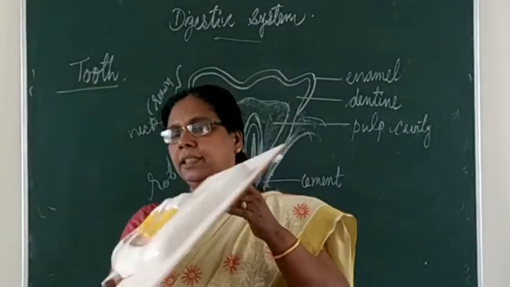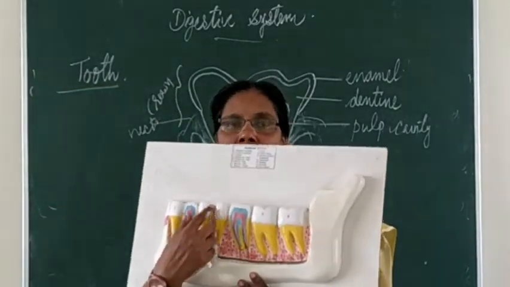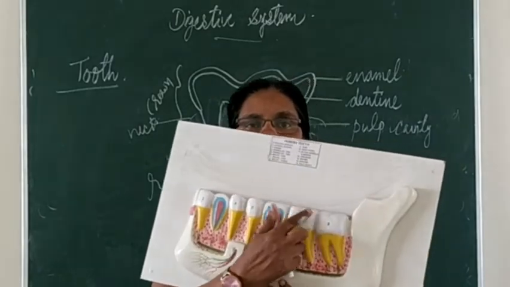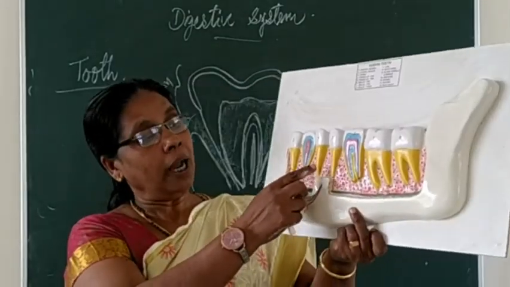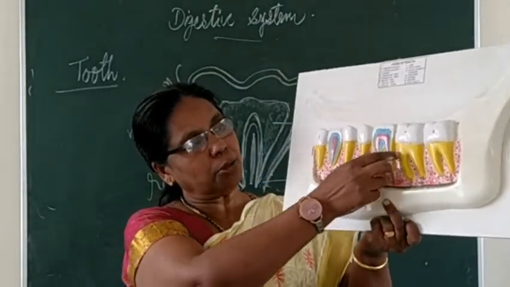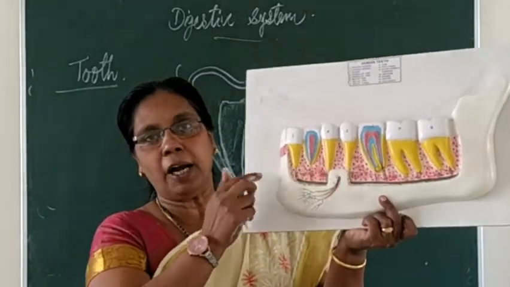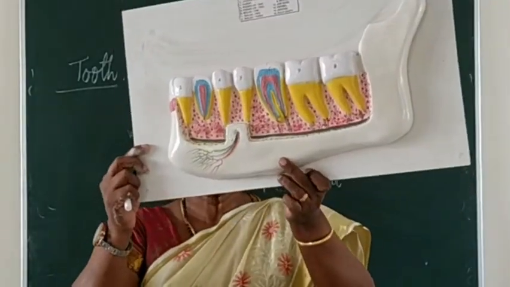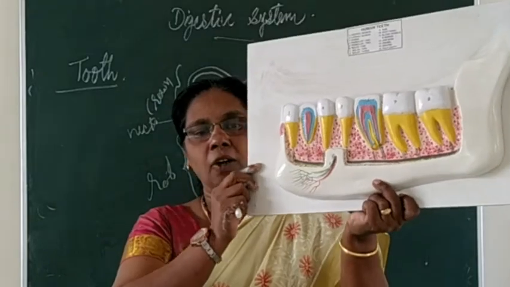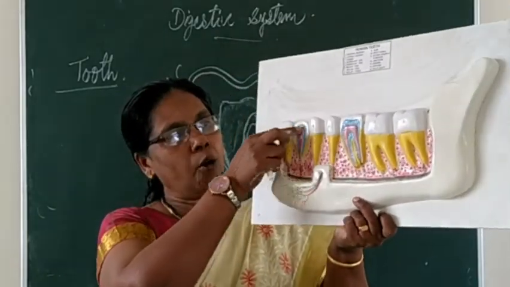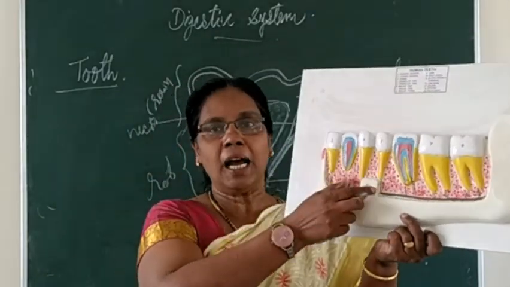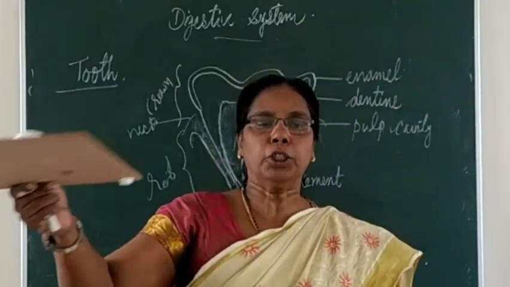Here in this structure, you can see this white part; this white part is called the crown, and the part shown in yellow is the root structure.